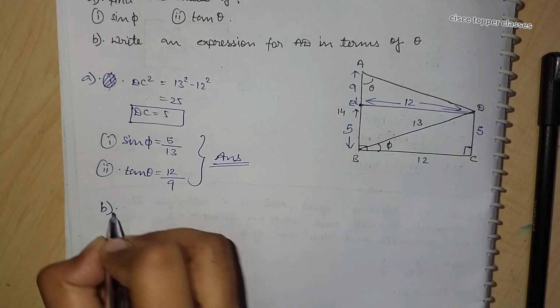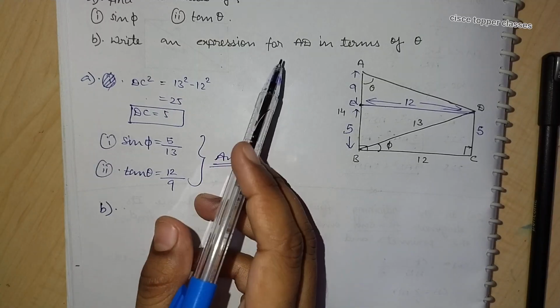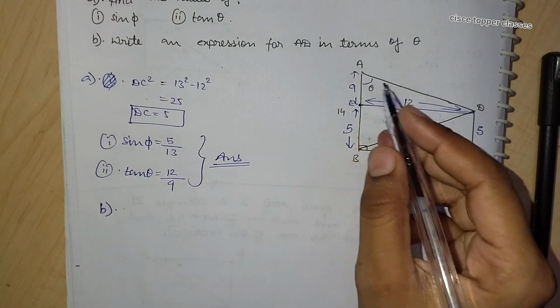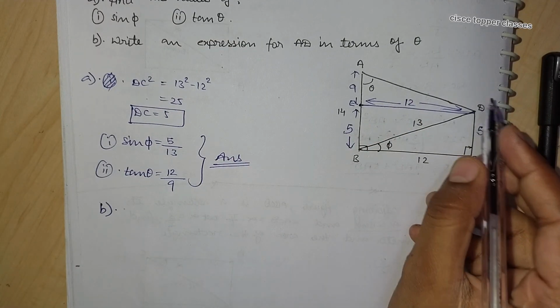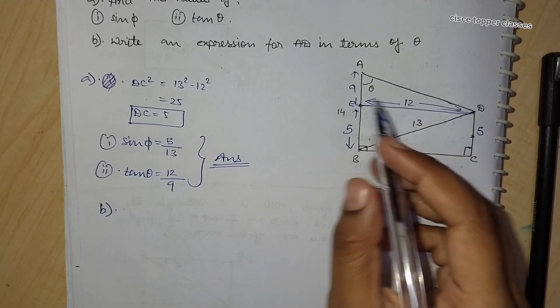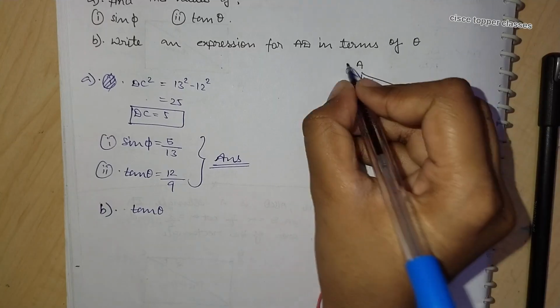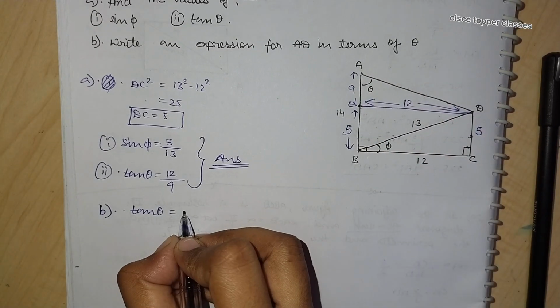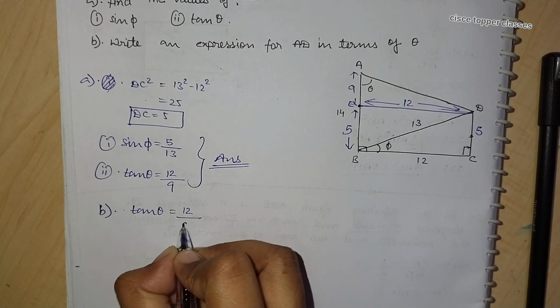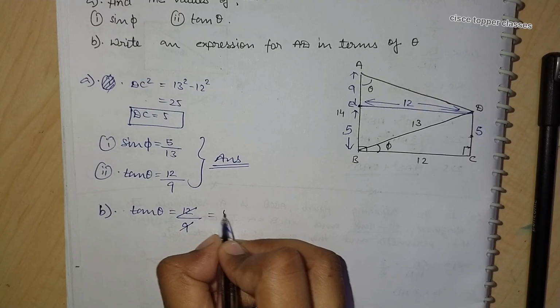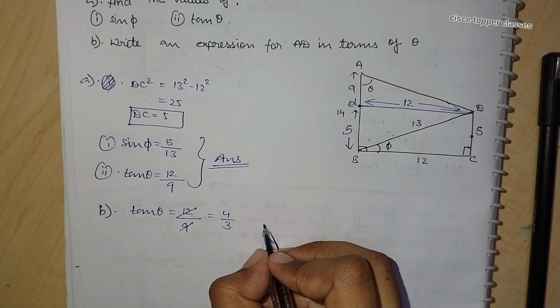Now the second part which we have to find is write an expression for AD. We have to find the value of AD in terms of theta. So here we can write tan theta from this part. We have not found the value of AD. So tan theta is perpendicular, which is 12 by base. So if we simplify it, this will be 4 by 3 is the value of tan theta.